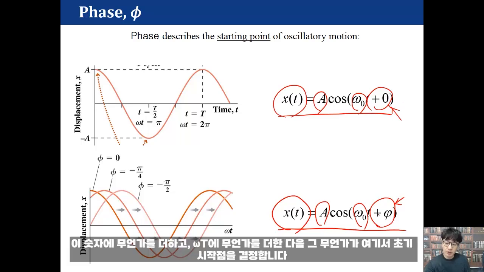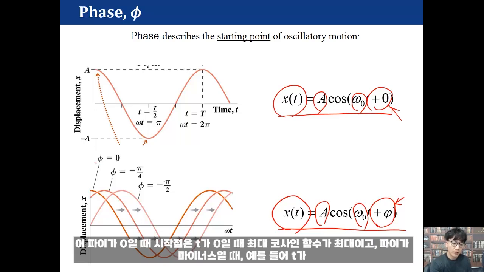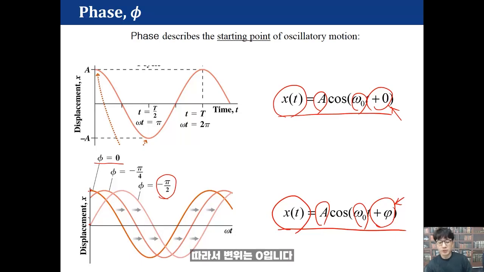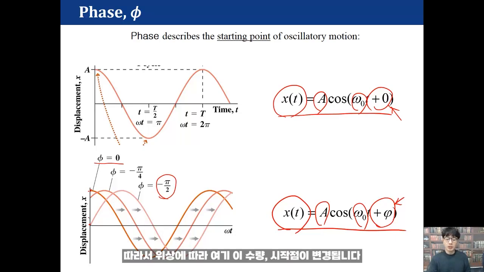Depending on this number, omega t plus something, that something determines the initial starting point. When phi is 0, the starting point is here. When t equals 0, the cosine function is maximum, so the displacement is maximum. So depending on the phase, the starting point changes.